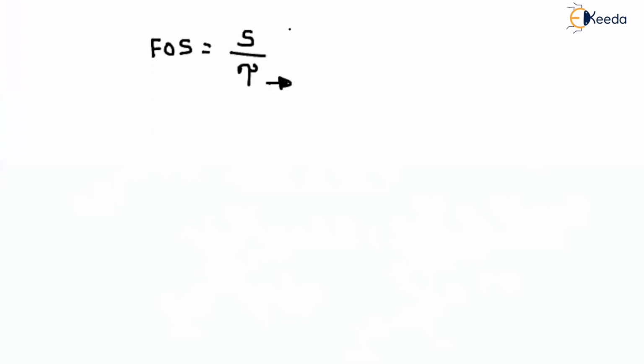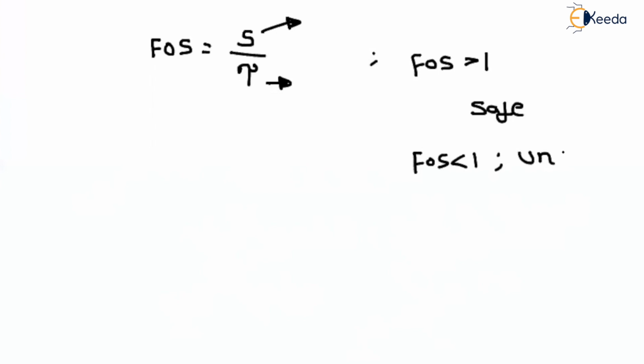And from the shear strength of soil chapter, we can find the shear strength capacity of the soil. So if this factor of safety is coming greater than 1, then we call it safe. If this factor of safety is coming less than 1, then the slope will be unsafe and the soil is going to fail.